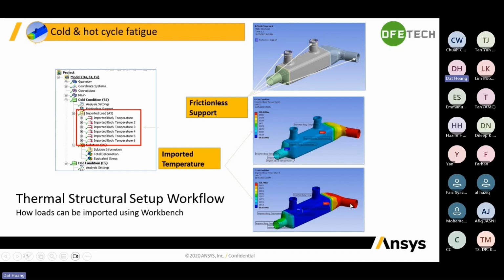We have the temperature imported maybe from CFD or from other thermal analysis, and we add it here, and then we can calculate the stress due to the temperature differential on the structure. The stress result here can be used later for the design life calculation.